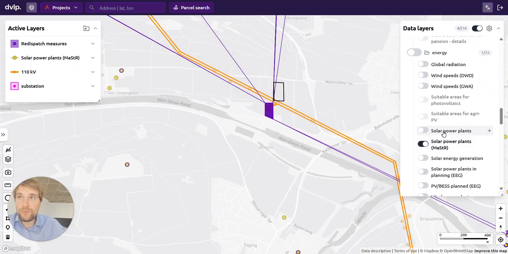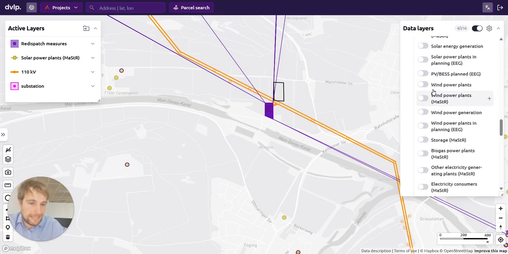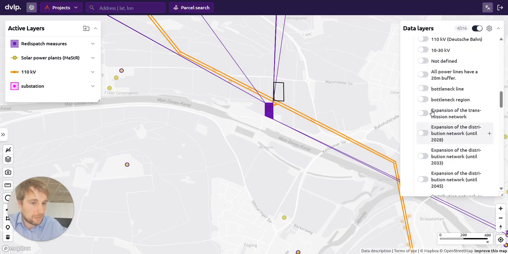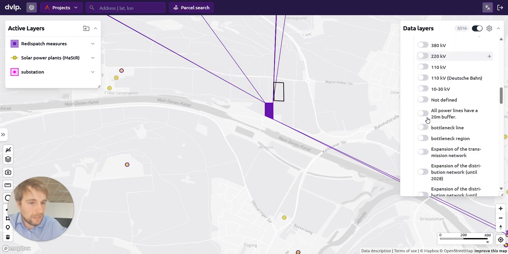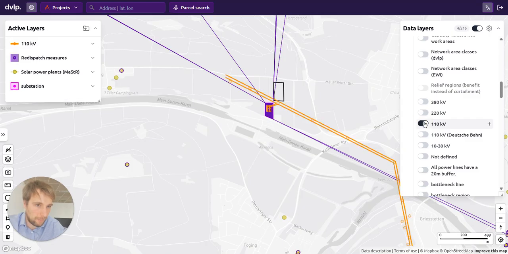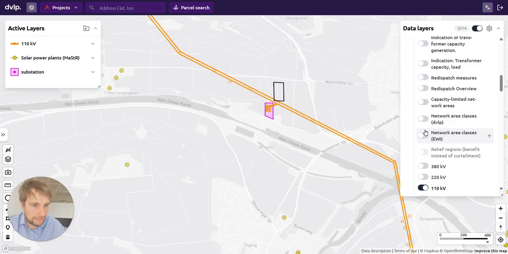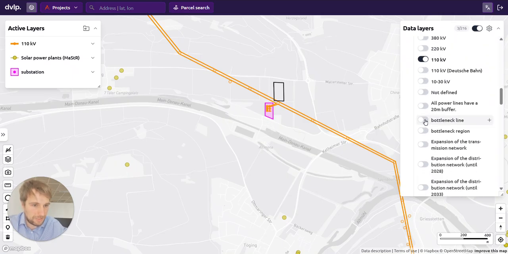So let's move to the next part, which is a more qualitative assessment of grid bottlenecks. I think at that point we already have quite a good indication, but there is also quite explicit data available on grid bottlenecks that is published by the grid operator as well, called grid bottlenecks.